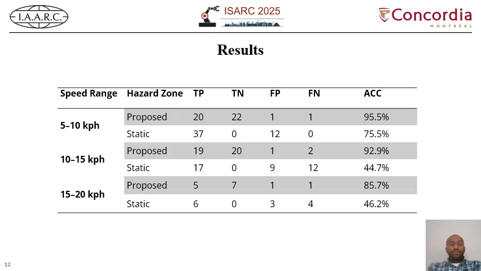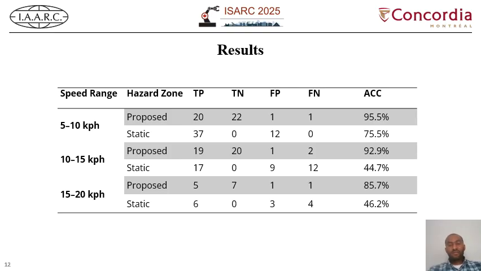We have also tried to compare the results based on different speed ranges, starting from low speed to high speed. It can be seen that for all cases, the proposed hazard zone is better than the static hazard zone, and especially for medium and high speed ranges, the difference is significant.